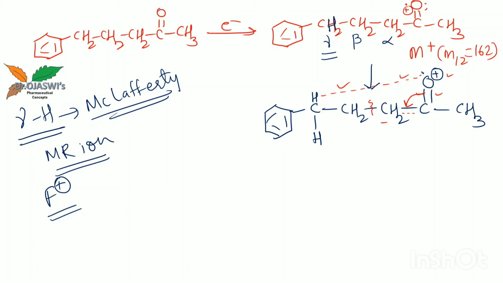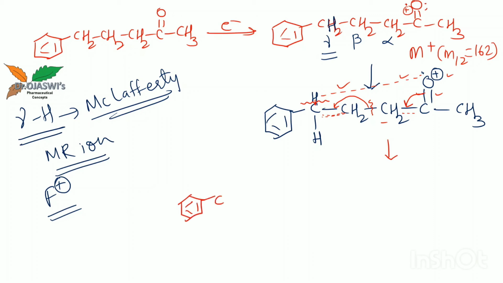That means these two electrons will shift here and a new bond will be formed here. And when this bond is formed, this bond will be breaking, so that this hydrogen will go to this oxygen. So how will this transition state look? Let me write it.